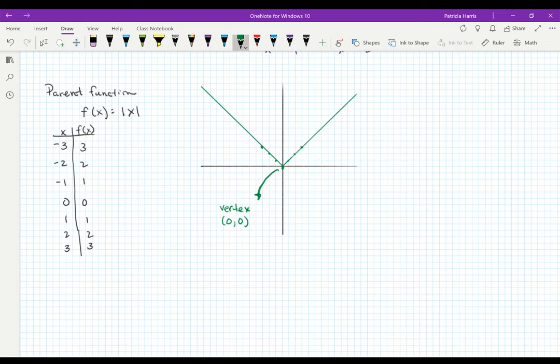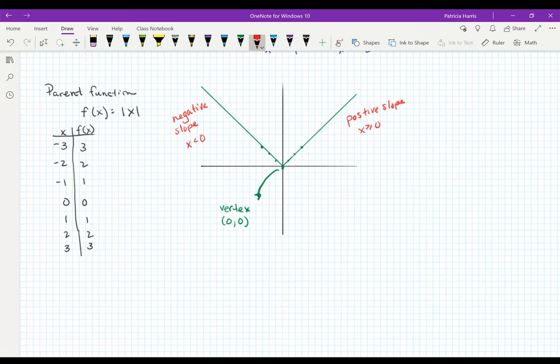I also notice that it has a negative slope on the left-hand side of 0. And it has a positive slope on the right-hand side of 0.